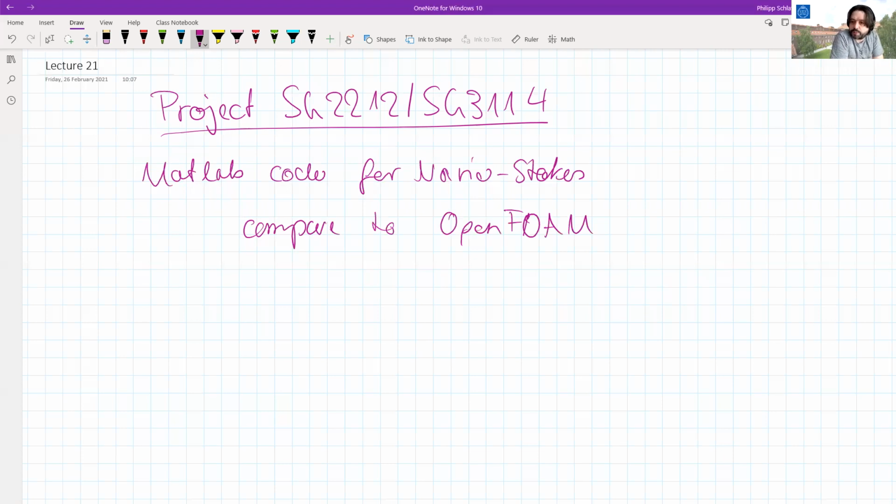OpenFOAM is an open source software that is used for CFD calculations, and it can be used for simple cases, maybe like the one that we're looking at in the project, but also for more complex cases, like turbulence modeling of the flow around cars and airplanes and so on. So OpenFOAM is a very flexible toolkit that can be used for all kinds of simulations.